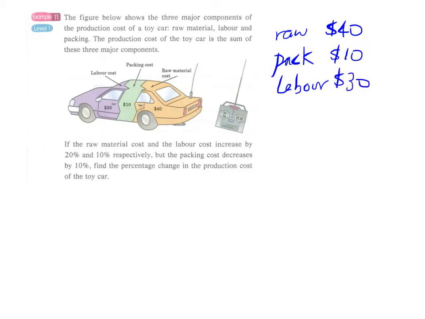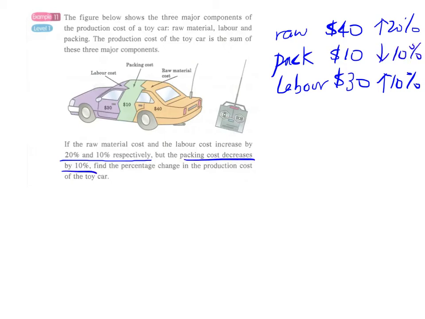The raw material cost increased by 20%, the labor cost increased by 10%, and the packing cost decreased by 10%. So we have to find the percentage change in the production cost.